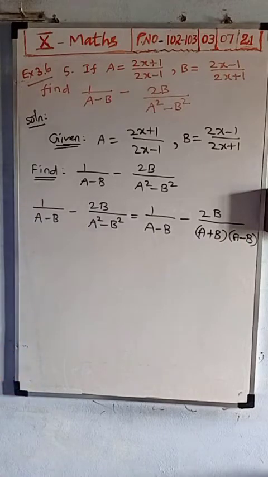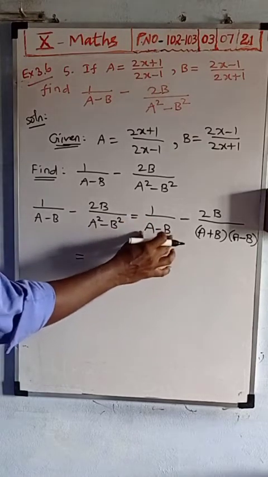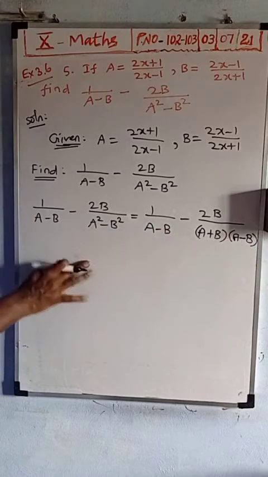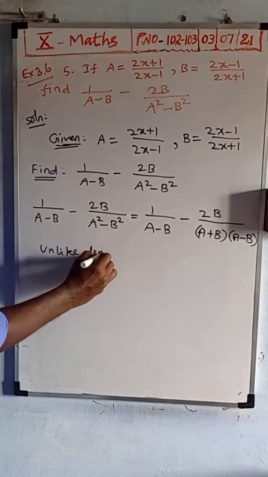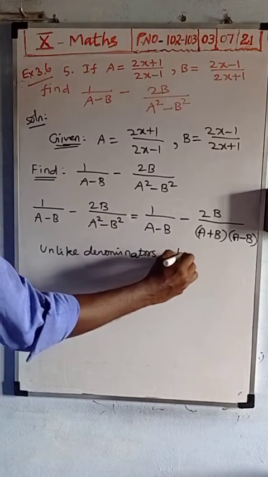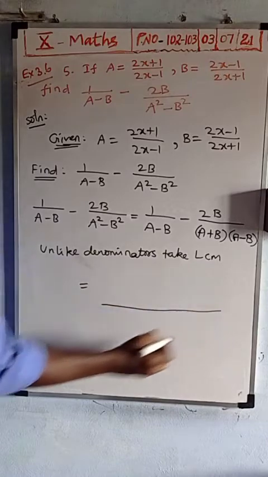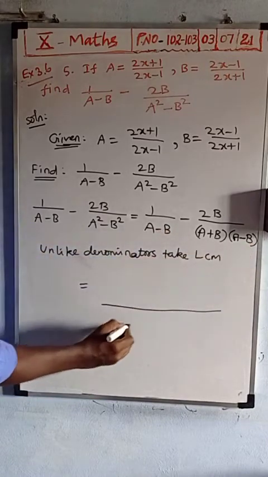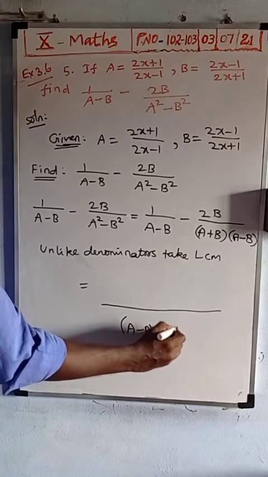Okay, it is a complicated term, so first you should simplify, then at last you should substitute the a and b values. Now to simplify, see here a minus b, here a minus b. Unlike denominators, we want to take the LCM. Take the LCM, which means a whole divided by a minus b 2 times. Okay, common single time write a minus b, then a plus b we want to write.